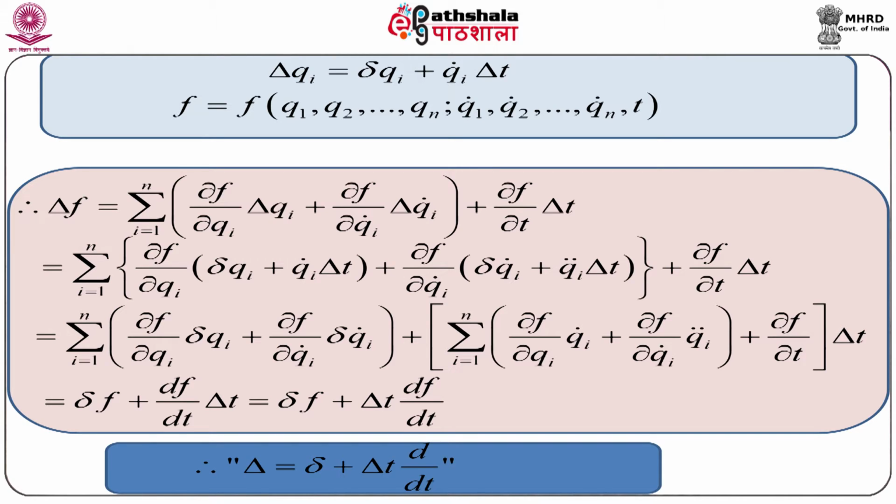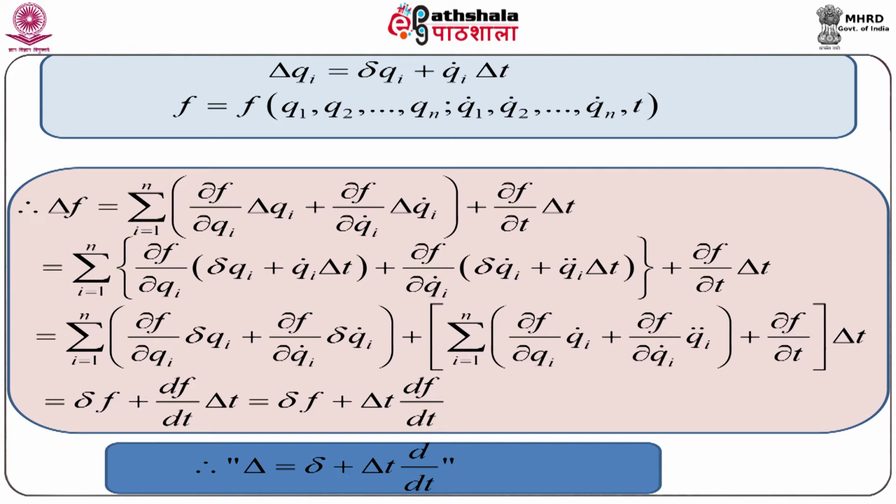Triangular delta f can be written as summation over i varying from 1 to small n, del del qi operated on small f into triangular delta qi plus del del qi dot operated on small f into triangular delta qi dot plus del del t operated on small f into triangular delta t.